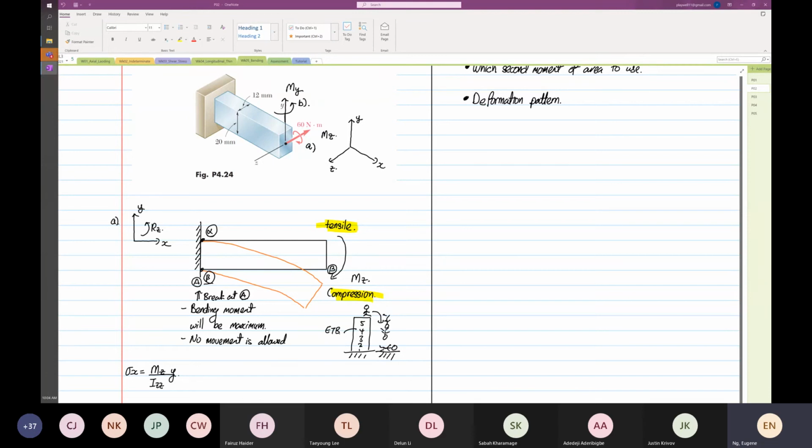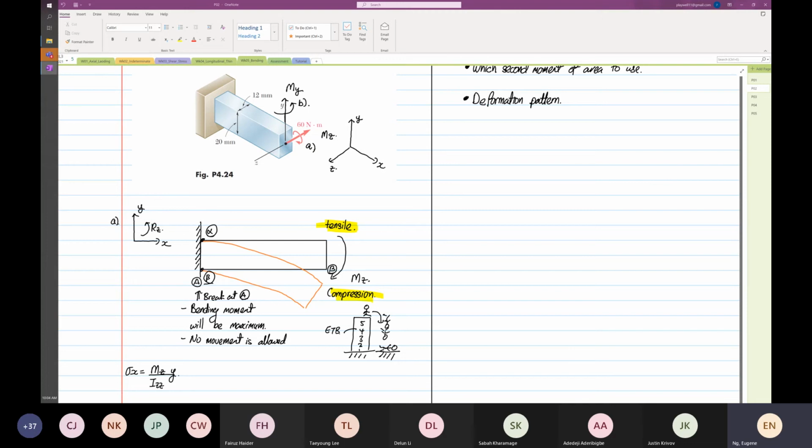We know that point alpha is going to be under tension, point beta is under compression, based on the moment vector and on the deformation. We drew the deformation pattern and we know which one is tensile, which one is compression. That's why now the formula is just stress x is equal to Mz y over Izz, because we know what is tensile, what is compression.